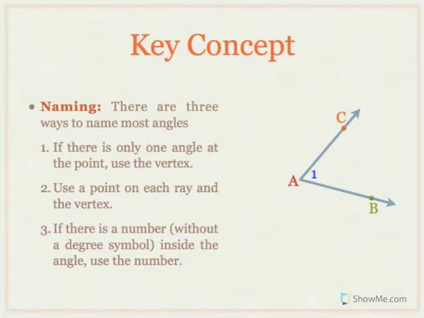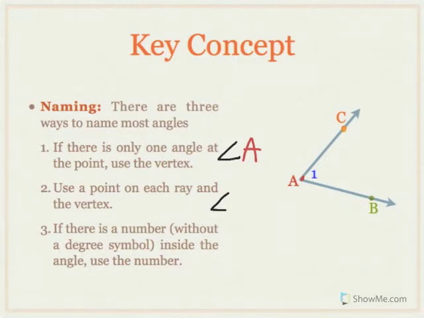The first way is simple. If there's only one angle at the vertex, then we can name the angle using the name of the vertex. So we can call this figure angle A. Notice the angle symbol appears in front of the letters. Another way that we can name an angle is by using 3 points.